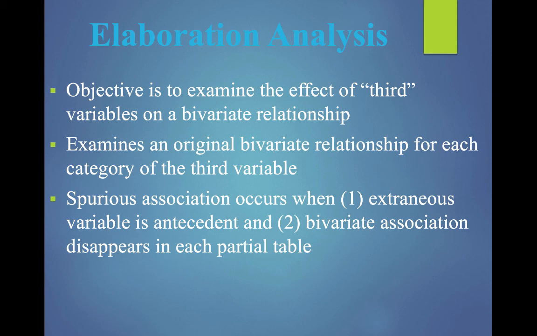Replication is when the relationship between two variables persists when a control variable is held constant, which supports the idea that the original relationship is true, while explanation in this model is when the original relationship between the two variables is revealed to have been spurious because the relationship disappears when an antecedent test variable is introduced. So it's basically a way to provide validity checks within multivariate analysis, right, using this elaboration analysis.